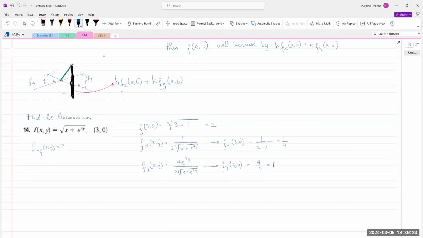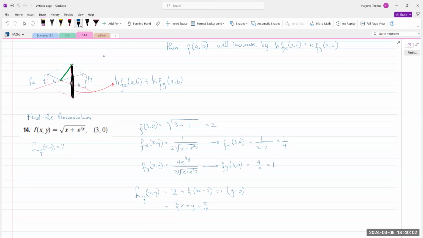So the linearization L of x, y will be 2 plus 1/4 times x minus 3 plus 1 times y minus 0. Okay, simplify to be 1/4 x plus y plus 5/4. So 8 over 4 minus 3/4 is plus 5/4. That's the linearization.